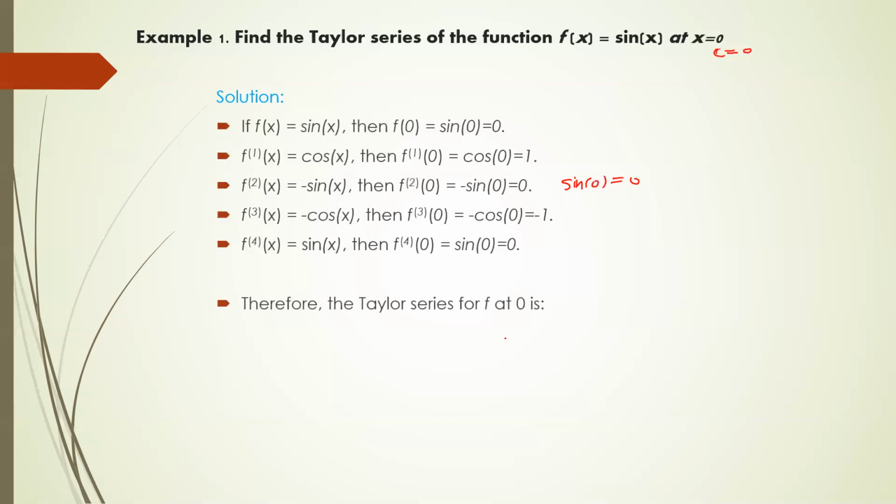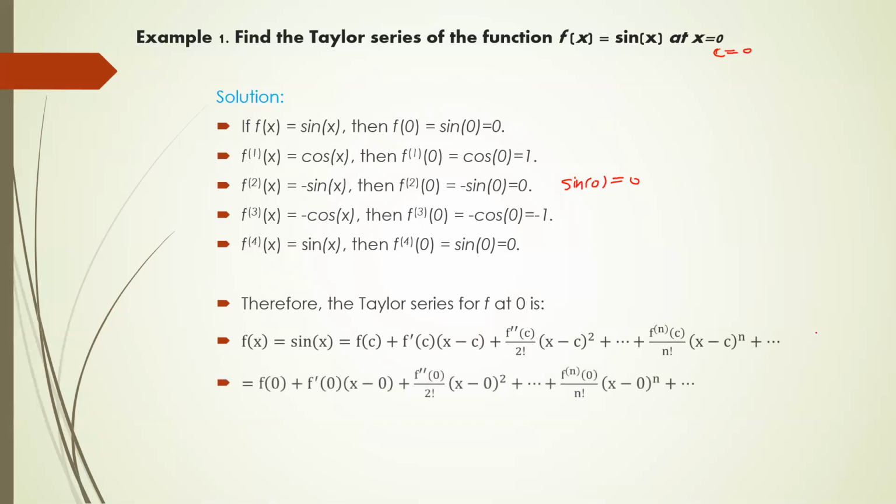So the Taylor series for this function at c equal to 0 takes this format, right? So f(c), here c equals 0, is f(0), and I just plug in 0 as c here. And f(0) is 0. The first order derivative of f(x) at x equal to 0 is cosine 0, which is 1.